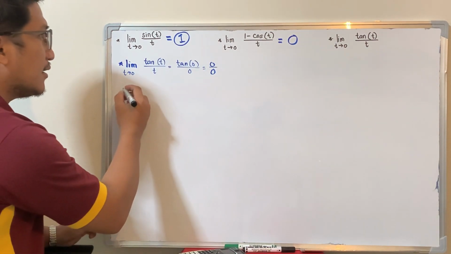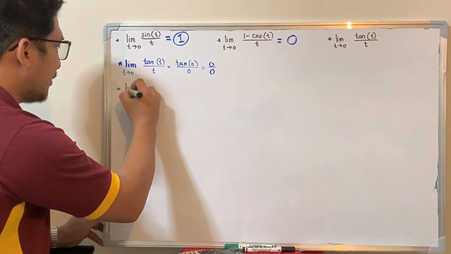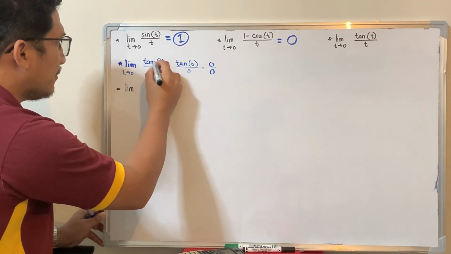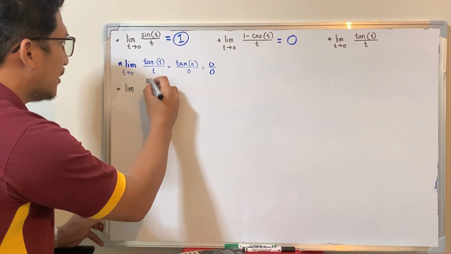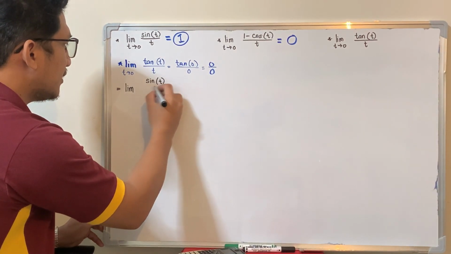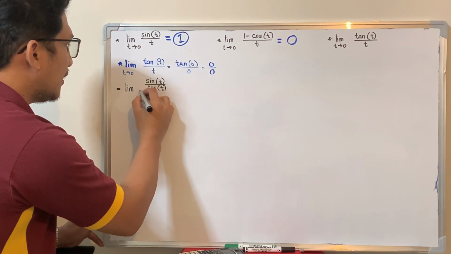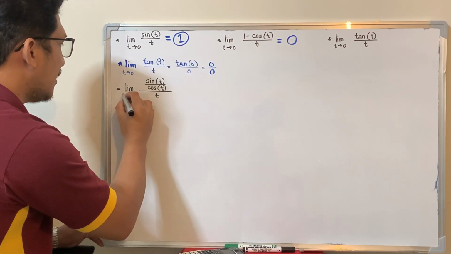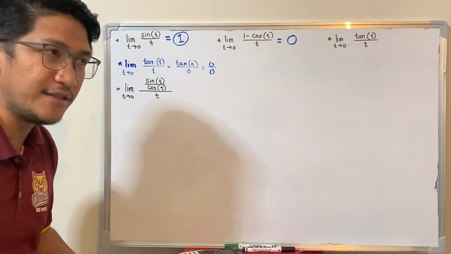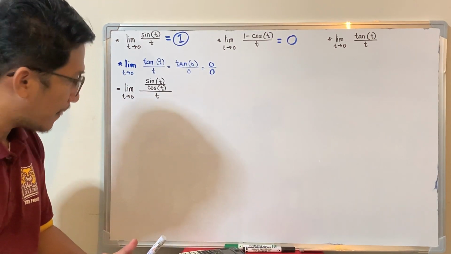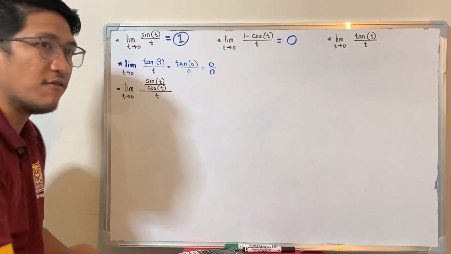Let me show you this one. The limit of tangent t all over t is just the same as the limit, where tangent t can be transformed into sine t all over cosine t. And then we have now this new form of the function, but I am not changing the value. We have the identities in trigonometry: tangent t is equal to the ratio sine t over cosine t.